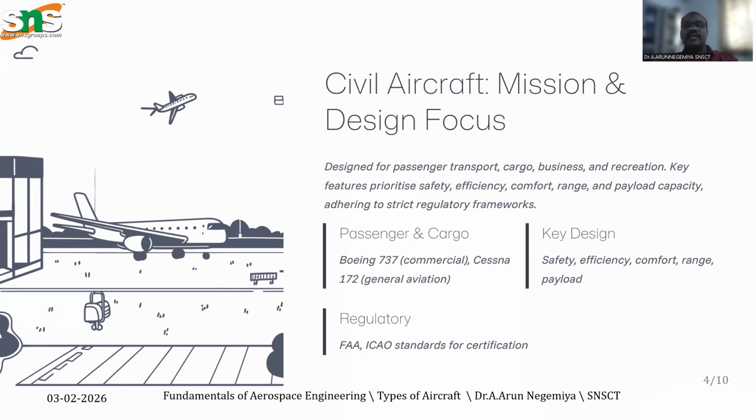Mostly all civil aircraft are manufactured for passengers as well as cargo or goods. The Boeing 737 is used for commercial purposes, transporting passengers from one place to another, and the Cessna 172 has a passenger capacity of only 4. Cessnas are utilized for personal flights.